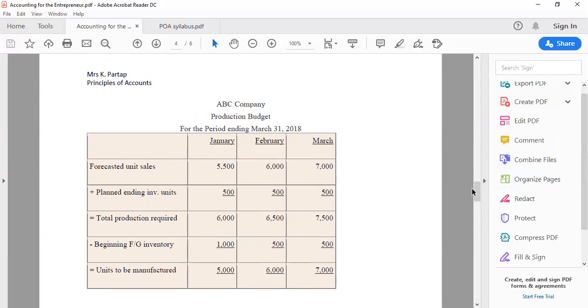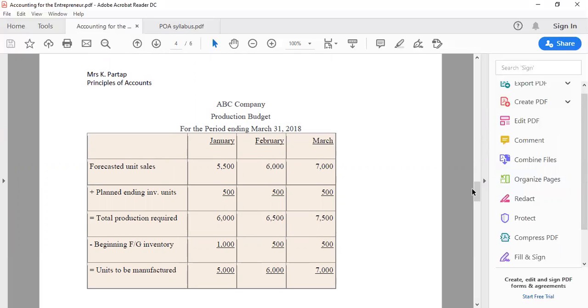So the forecasted unit sales are the same as before, the 5,500, 6,000, and 7,000. We are going to add our planned ending inventory. So we are planning to have at the end of January 500 items remaining, February 500, March 500.